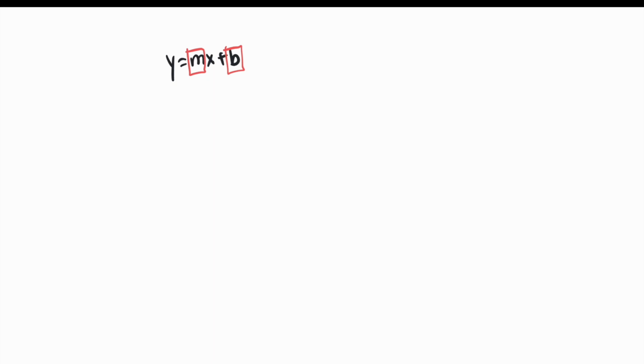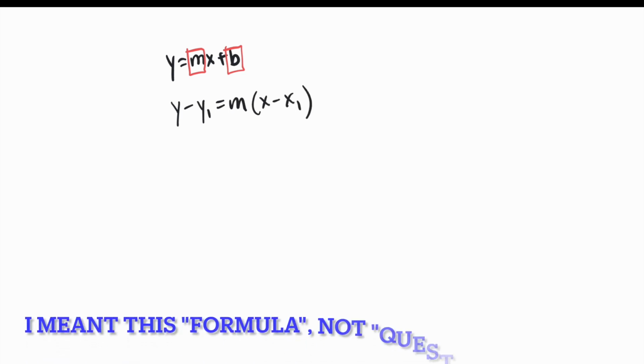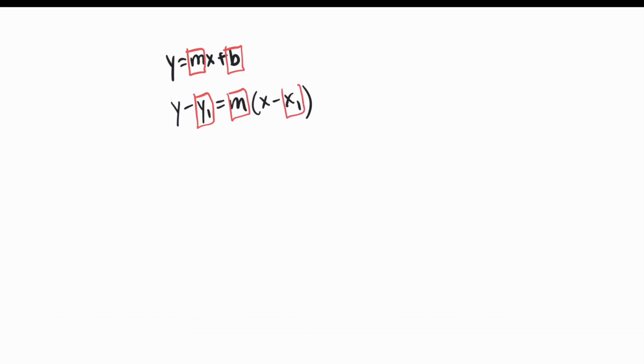For a lot of these questions, we will also be using the formula y minus y1 equals m times x minus x1. In this formula, y1, m, and x1 are numbers, and then we'll also use the slope formula, m equals y2 minus y1 over x2 minus x1.